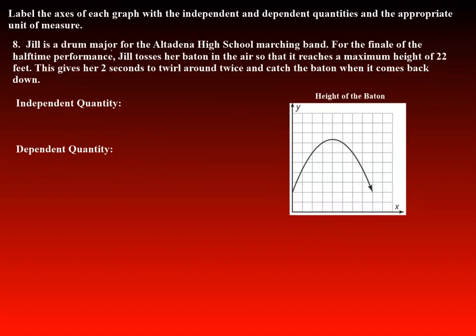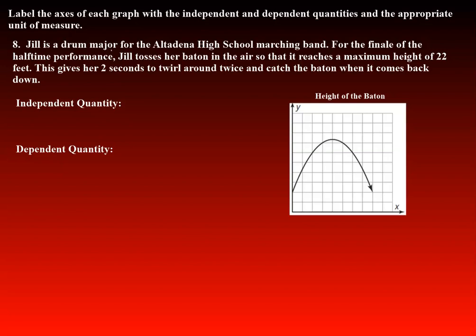So like in the last video, I want you to, again, try number 8 on your own. Again, I'll read it first for you, and then you'll pause it, and you'll go ahead and try it. So 8 says, Jill is a drum major for the Altadena High School Marching Band.